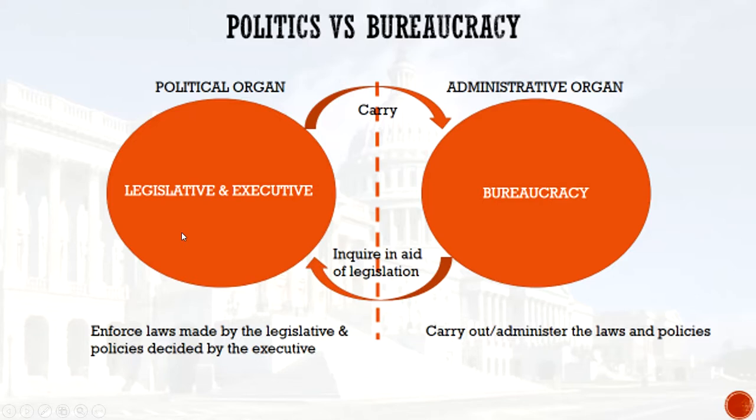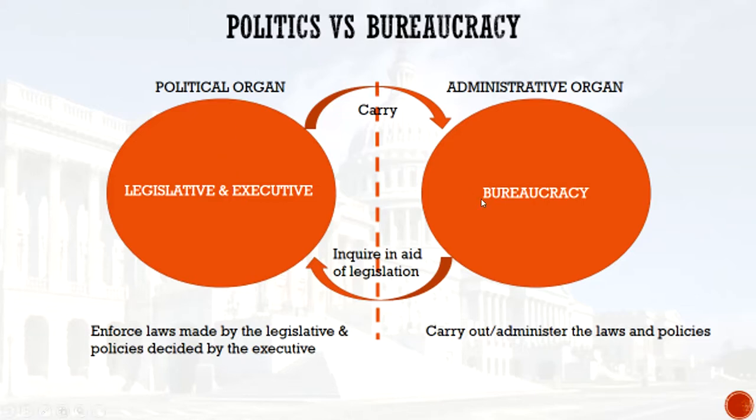After the process of elections and the crafting of legislation, it will be carried out by the administrative organ of the government, which is the bureaucracy. The task of the bureaucracy is to carry out or administer the laws and policies crafted by your political organ. For instance, we have certain Republic Acts, and curfews, like the curfew right now in the pandemic, or buildings and infrastructure.